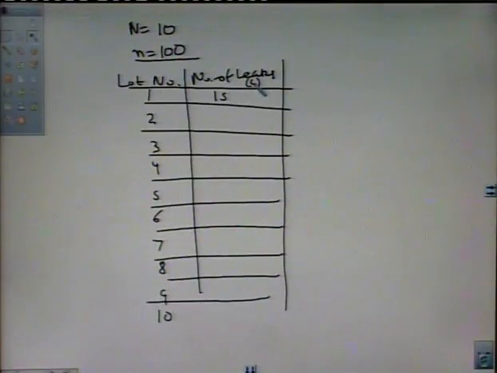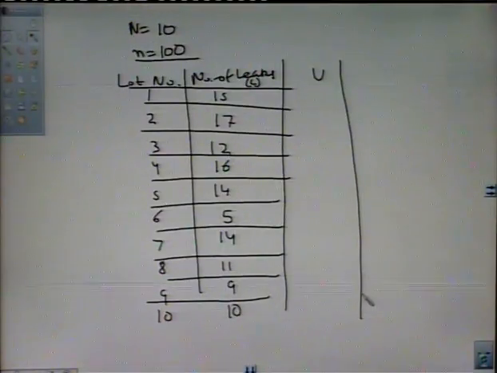We have 15 leaks in the first sample, then 17, then 12, then 16, then 14, then 5, then 14, then 11, then 9, and then 10. And we are going to calculate the value of U.